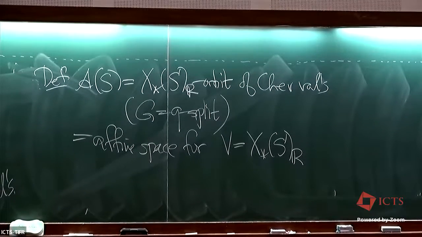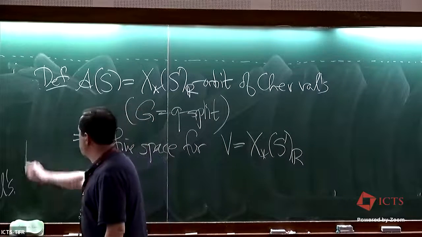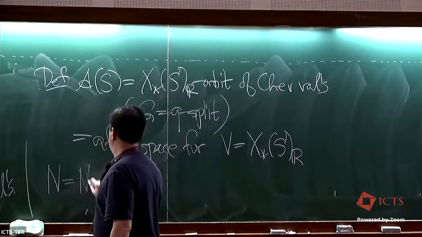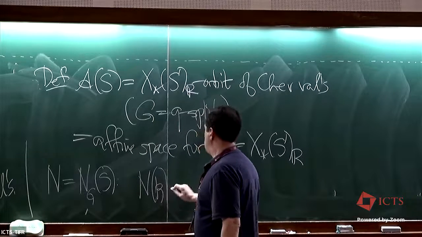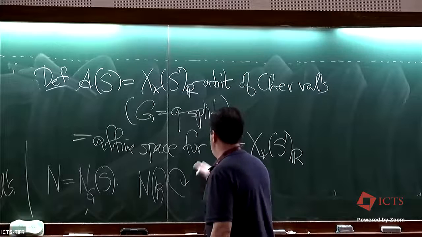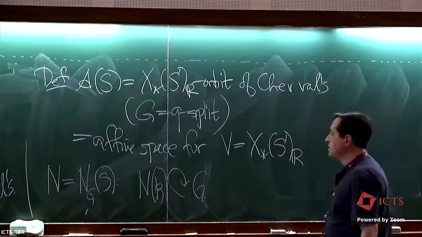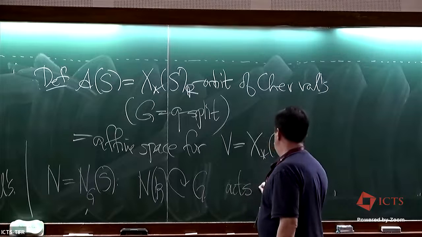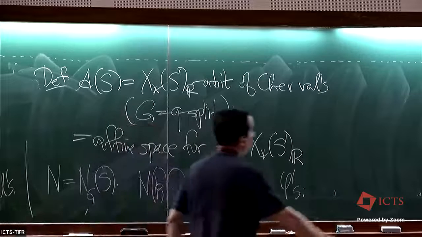Okay, so this is the apartment attached to S. And so let me now observe, this has a very interesting feature, which is, let's think about the normalizer of S. Well, the K points of the normalizer act on the group, and in particular, preserve the torus S. And so this actually acts on the collection of valuations. So let's see how the action goes.